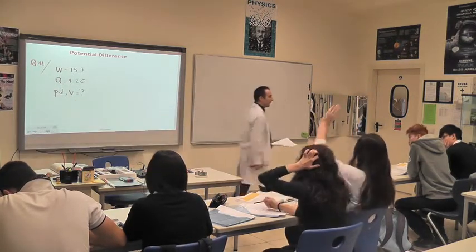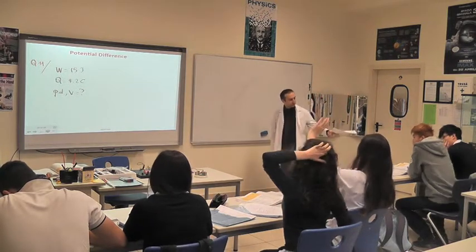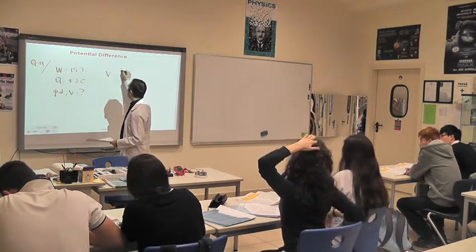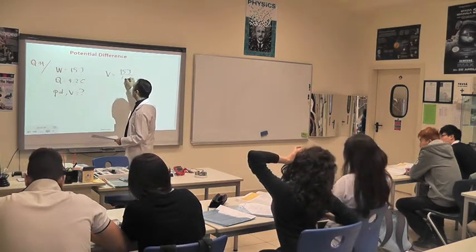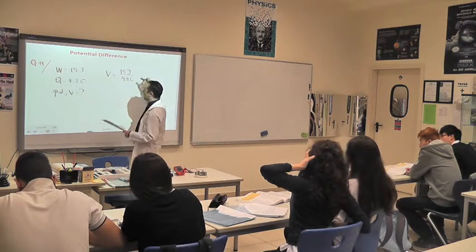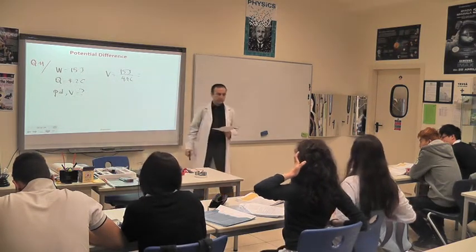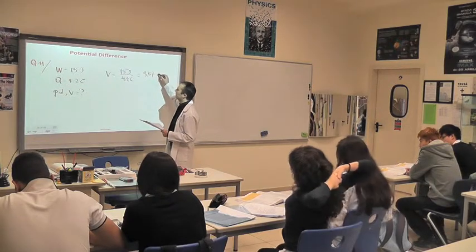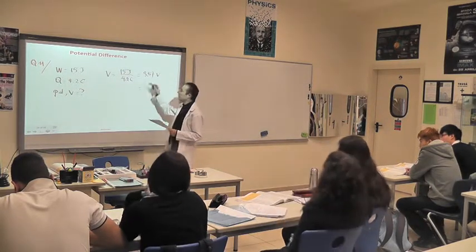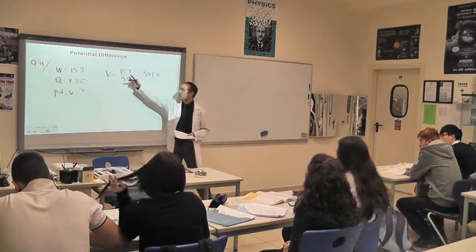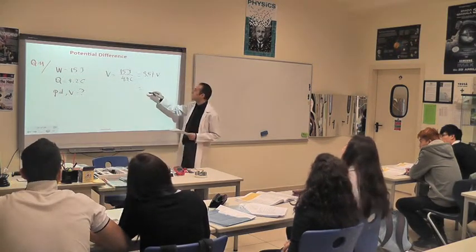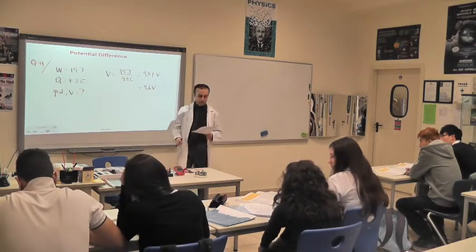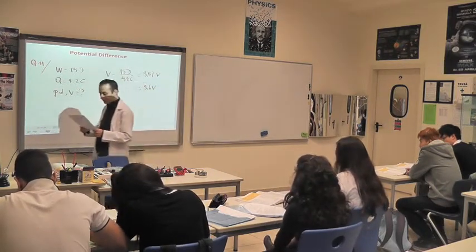Yes. 15 over 4.2. Voltage is 15 joules over 4.2 coulombs. And how much is that? 3.57 volts. How can I write it in two significant figures? Because there are two significant figures in the least number given. 3.6 volts. Alright. Easy.